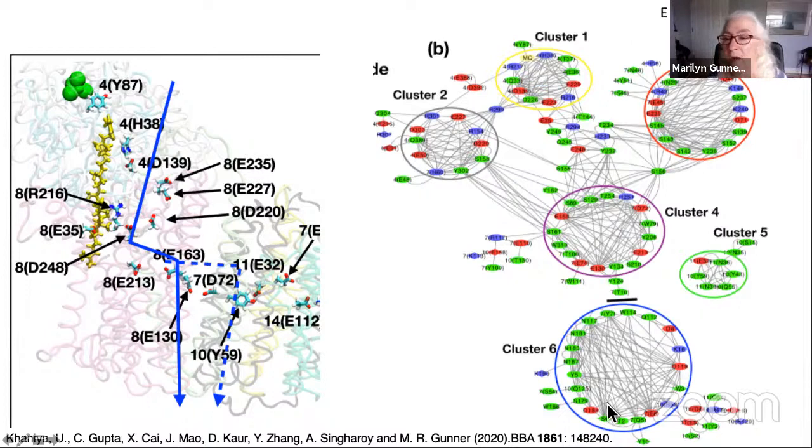And so this is really where you need network analysis and you need Monte Carlo. I mean, otherwise you're really making ad hoc decisions about which amino acids are on the pathway.